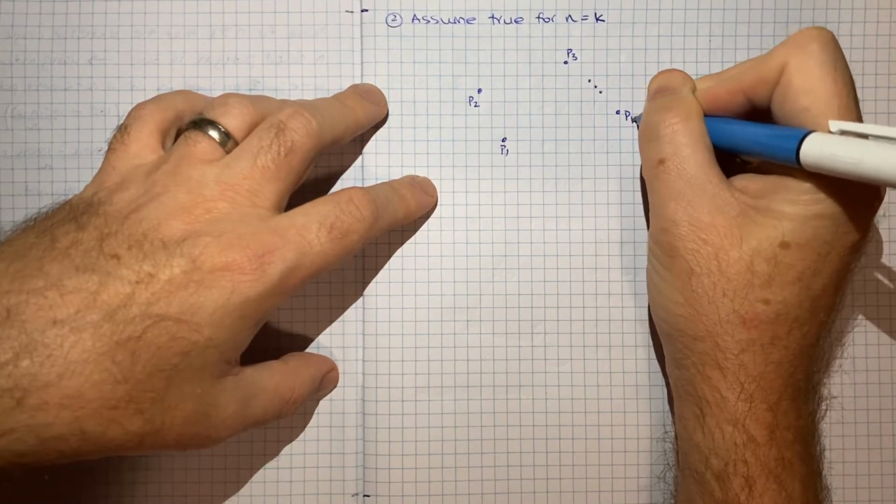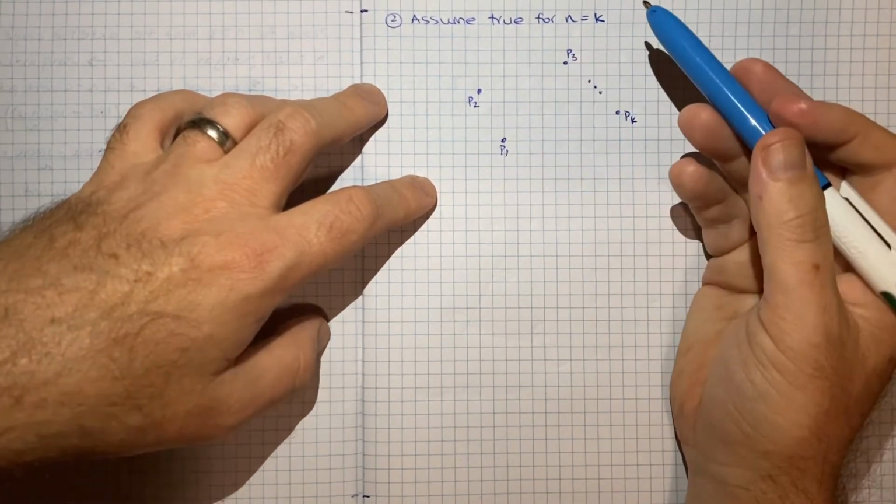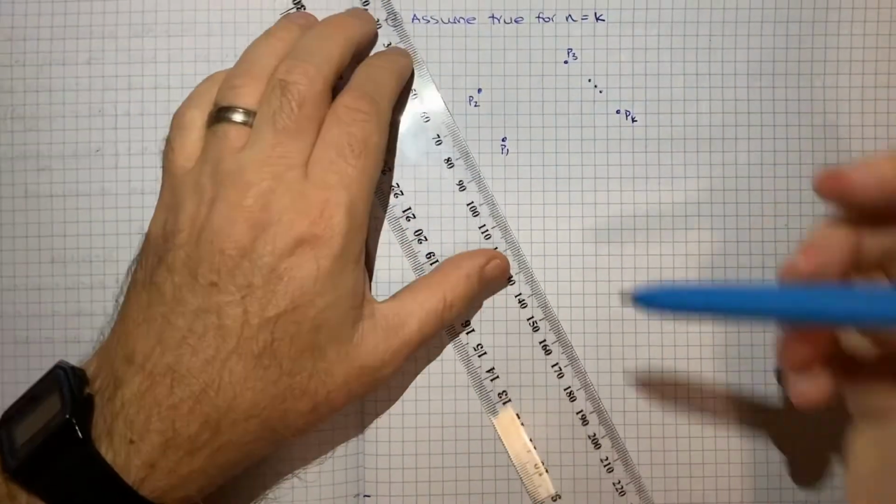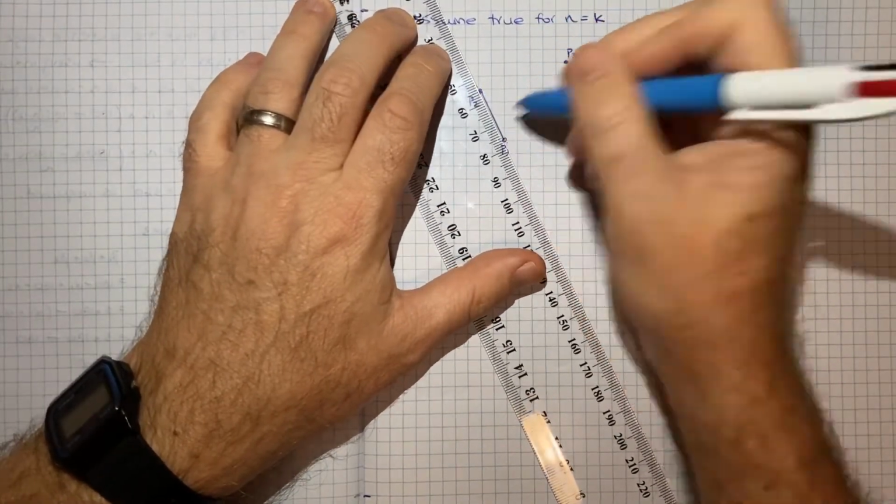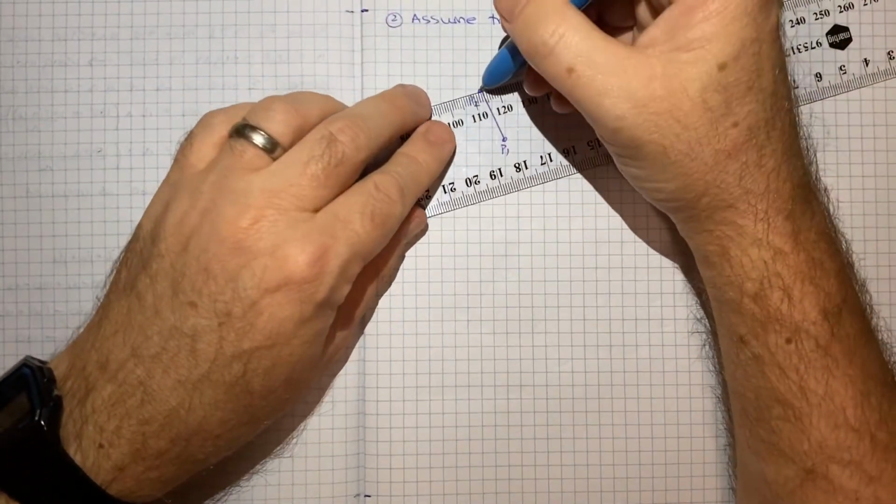And this is how I'll visually represent our k-sided polygon. So I'll join them up. I'll go from P1 to P2, P2 to P3.